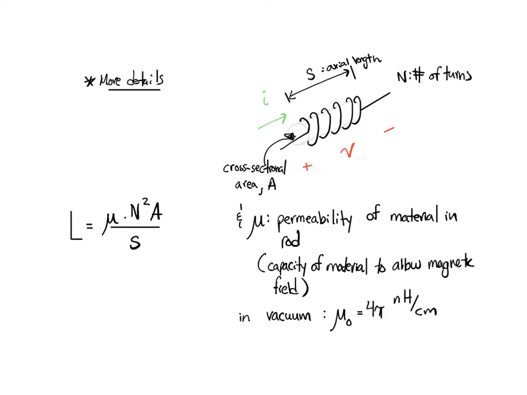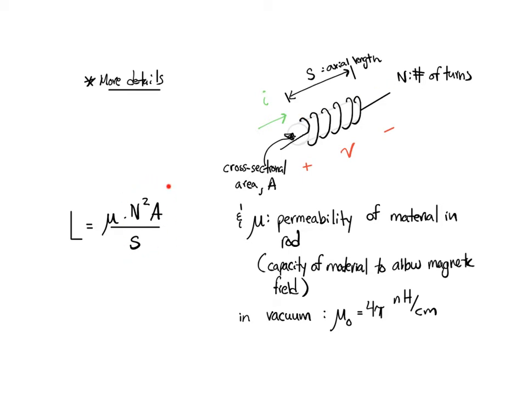So when we create an inductor using this method, we see that the inductance is going to be proportional to the number of turns squared times the area. The bigger the area, the more inductance we have. It's inversely proportional to the length: the longer it is, the more that magnetic field is spread out, so the less the inductance.